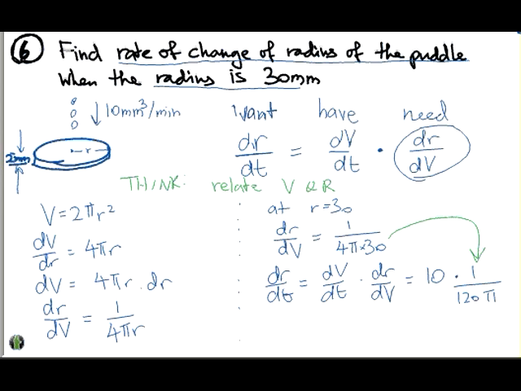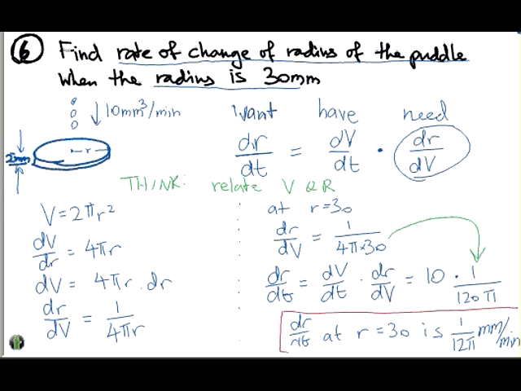So dr dt at r equals 30 is, simplify that, and you get 1 on 12 pi. Now, units, nice of them in the question, millimeters per minute. Done. There you go. So sorry I took a bit more space this time, but that's our final answer right there.